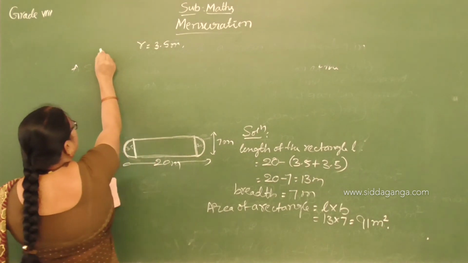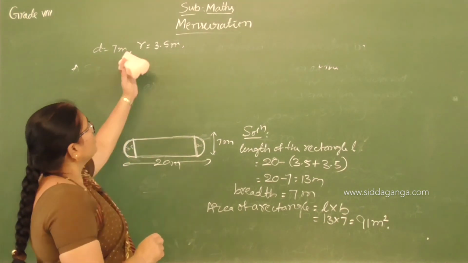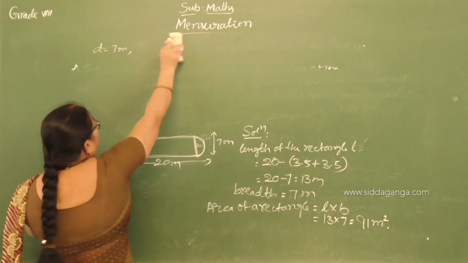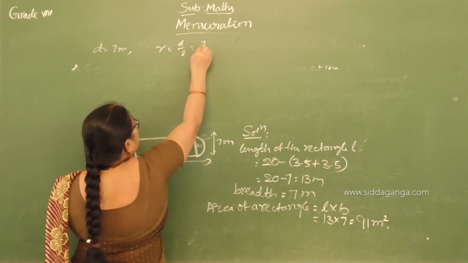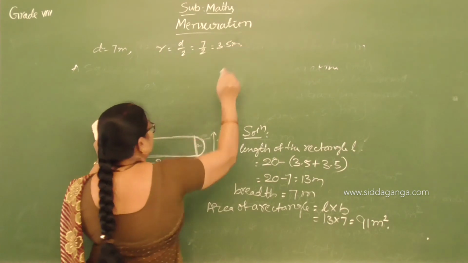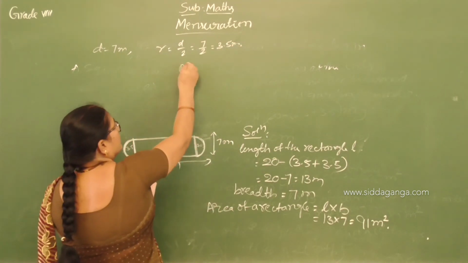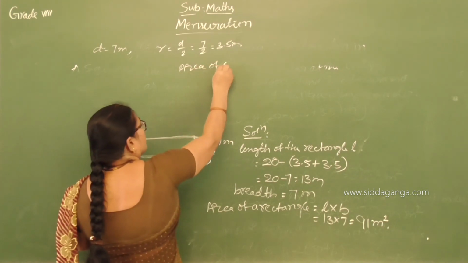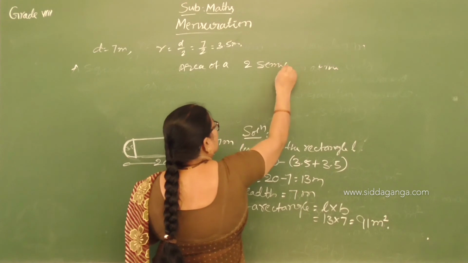Here diameter D is equal to 7 meters. Then radius is equal to D by 2, so 7 by 2, that will be equal to 3.5 meters. What is the area of the two semicircles?